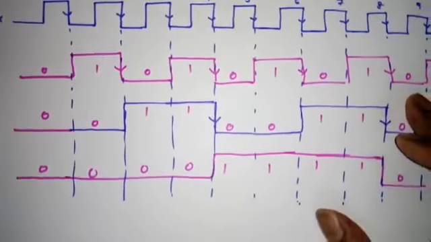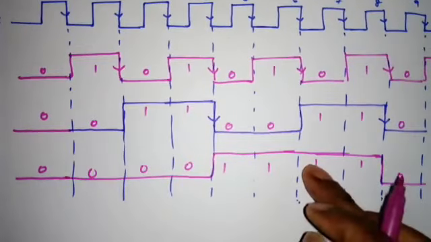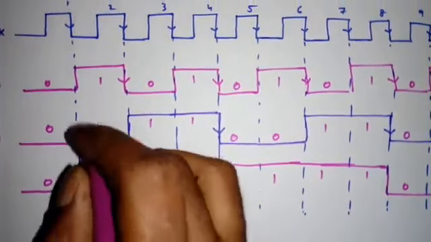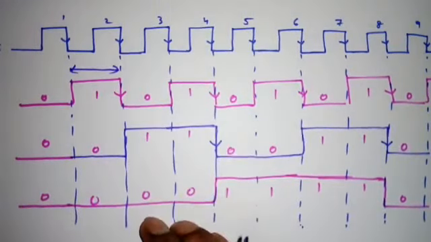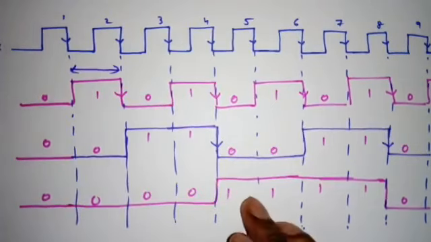So how many states? Total 8 states, 0 to 7. Now can we say what frequency division is happening? 8 by 4 or 8 by 8, we will see.